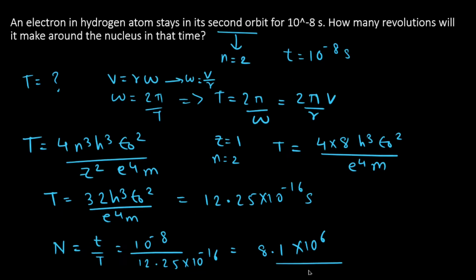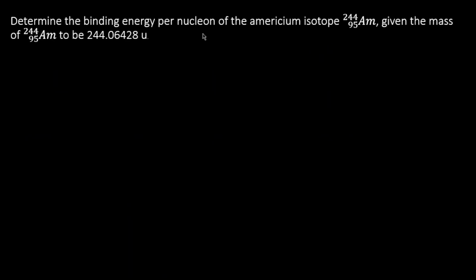Now let's look at the next sum. Determine the binding energy per nucleon of an americium isotope Am 95 given the mass of americium to be 244.06428 AMU. So we know the binding energy is given by E equals delta M, that is mass defect, into c square. But we need to calculate here the binding energy per nucleon.